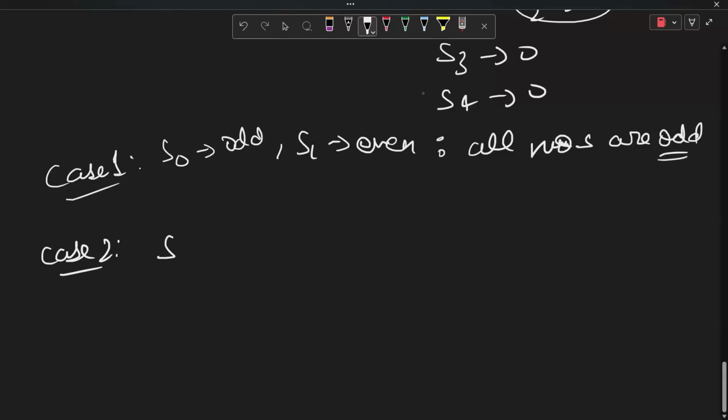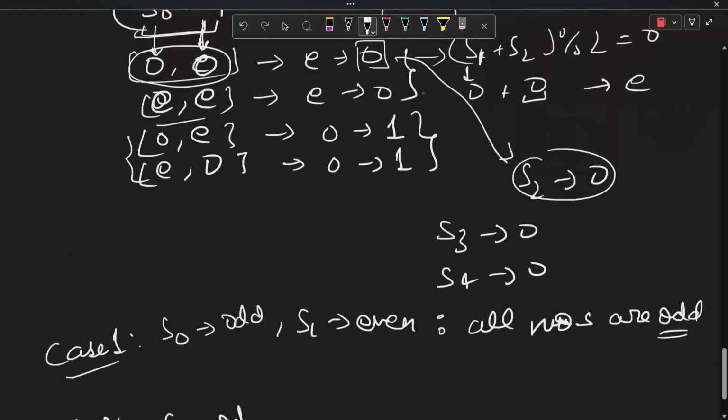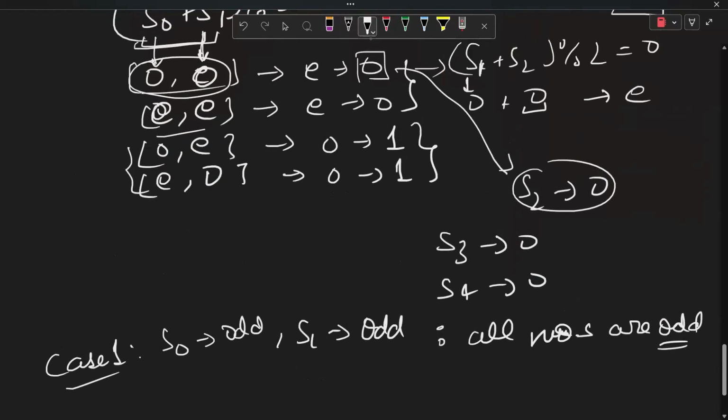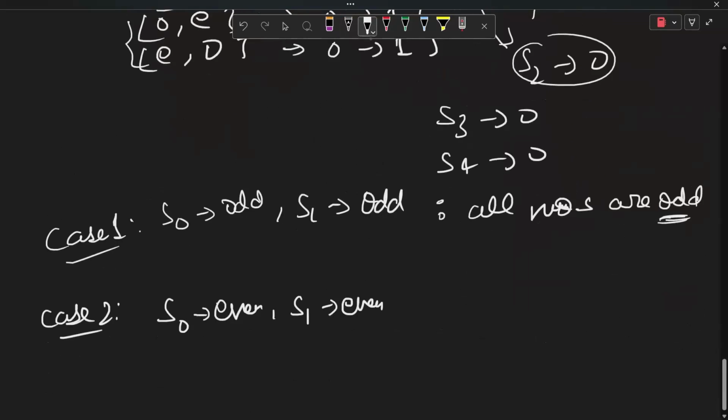Case 2 is both even. In the first case, we had both odd: the first two numbers odd and odd, the third number would also be odd, and in the same fashion all the numbers would be odd. This is what we concluded for the first case.